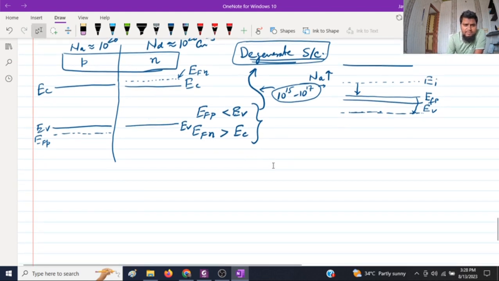Now, if they form a junction, these are the individual Fermi levels, and they will try to align.